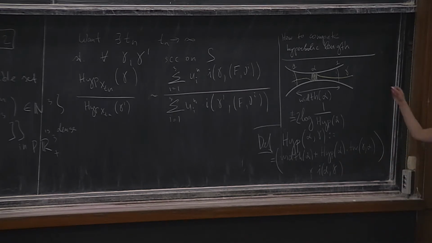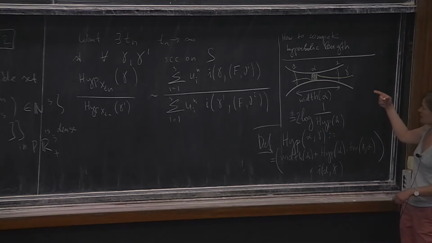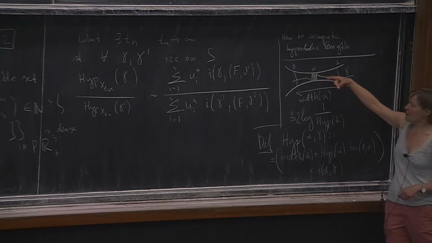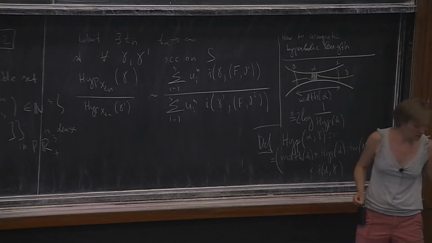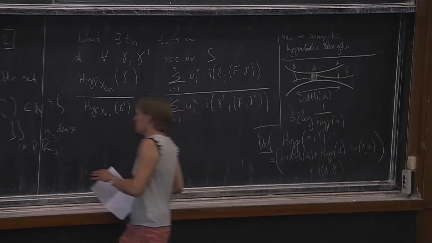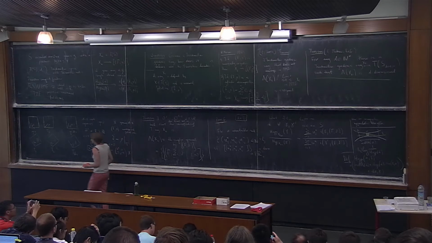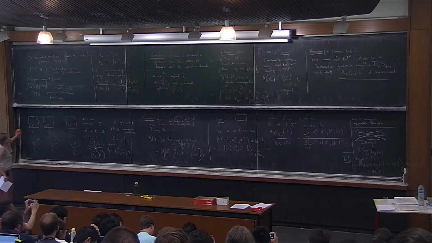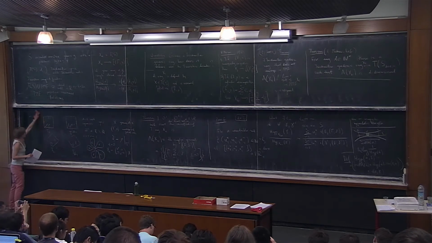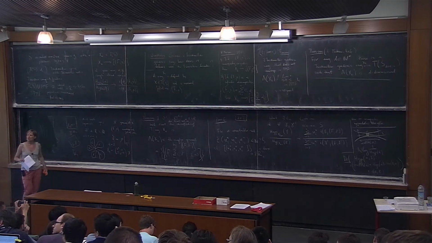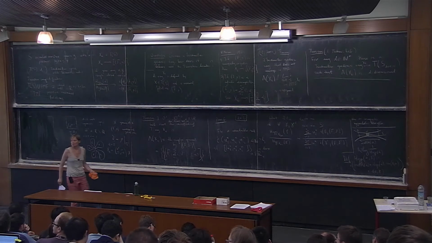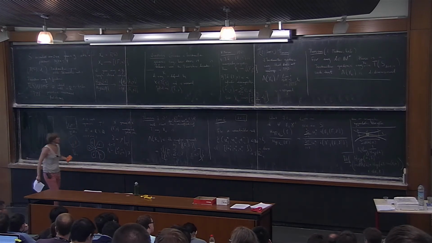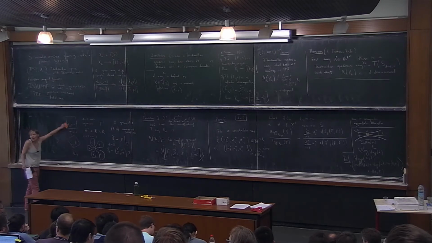Since gamma is a simple closed geodesic, every such arc is going to do about the same thing. There may be some error, but yes.